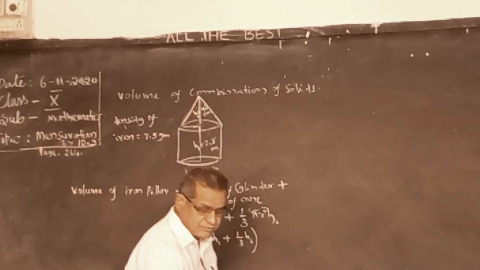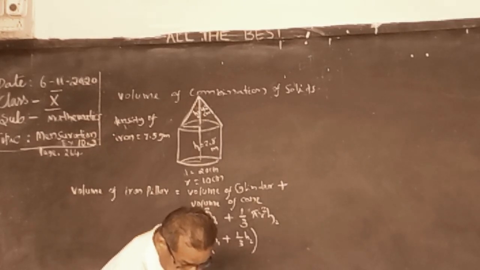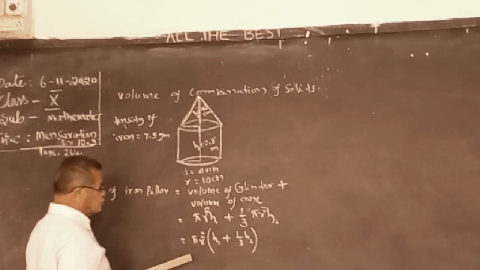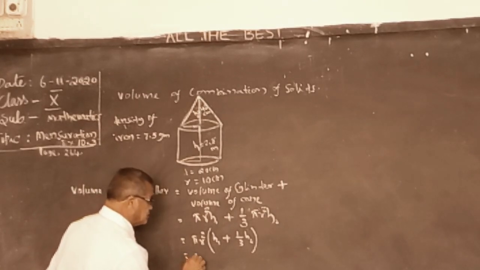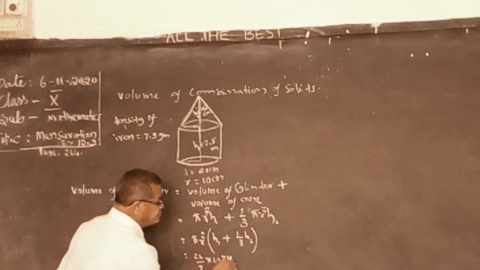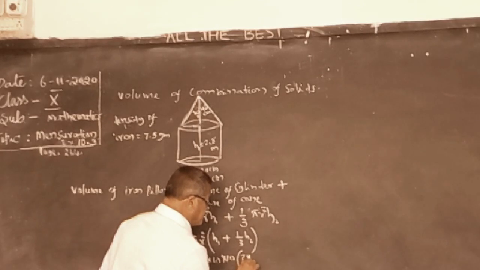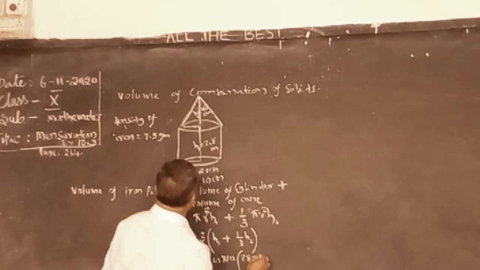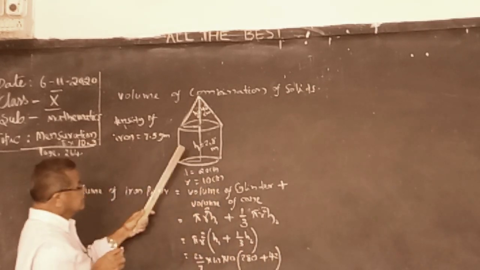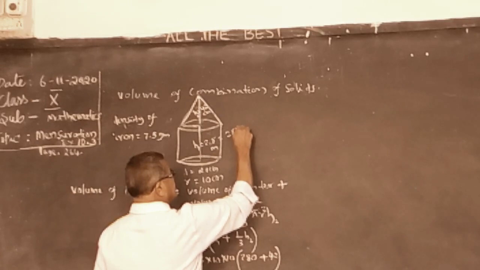Given measurements, diameter 20, radius is 10. Substitute the values. Pi 22/7, r 10 into 10, h1 280 centimeter plus 42. I am converting meters into centimeters, 280 centimeter.